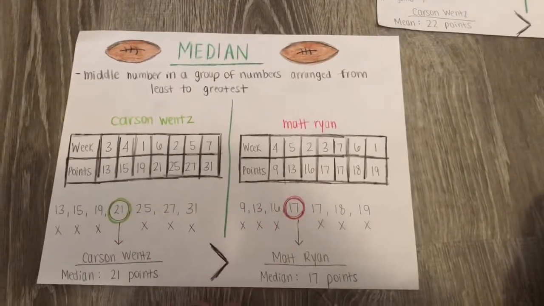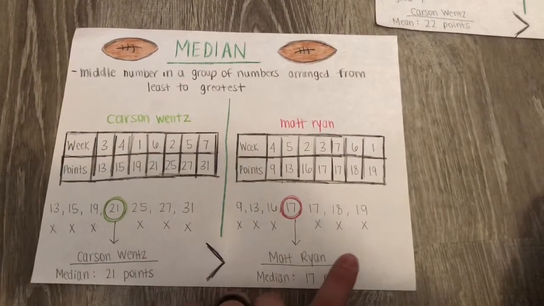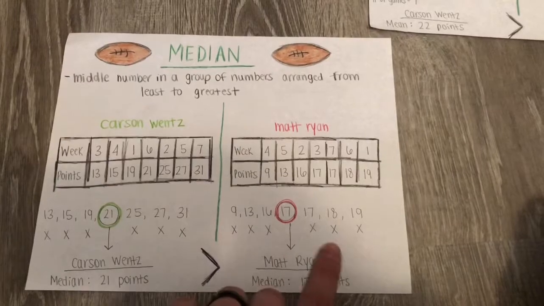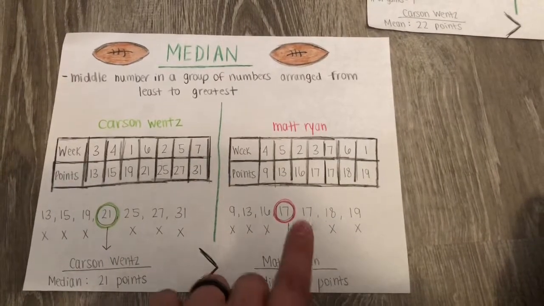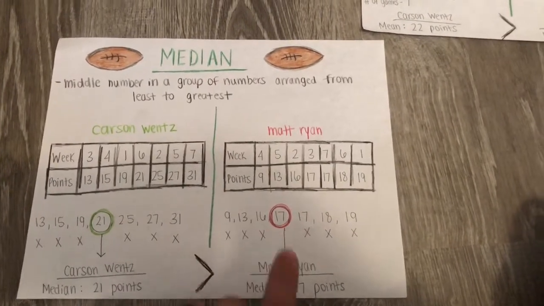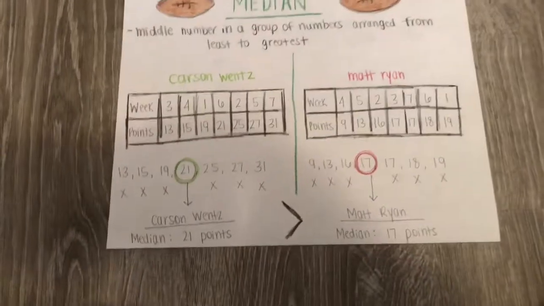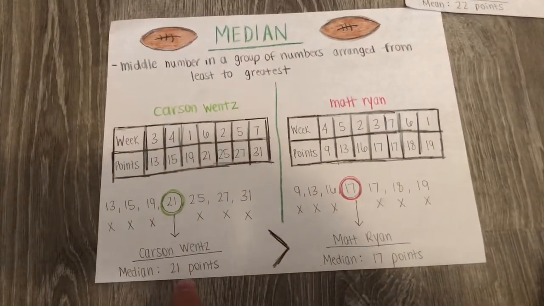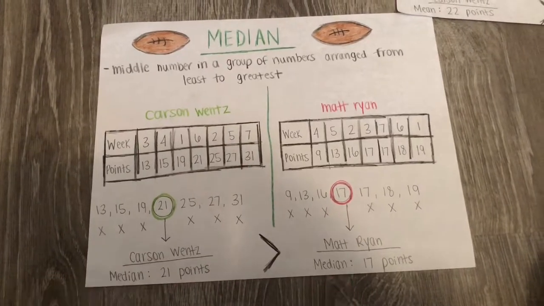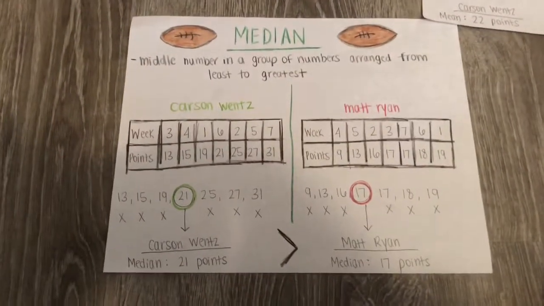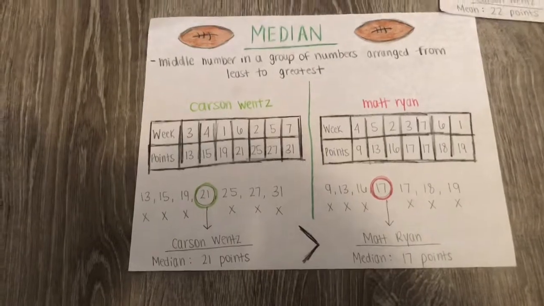I do the same thing with Matt Ryan. I cross off the 9, then the 19, 13, and the 18, the 16, the 17, and this 17 will be the middle number, the median. So when I compare the two scores, we have Carson Wentz with 21 points, Matt Ryan with 17 points. So again, Carson Wentz's median is coming on top.